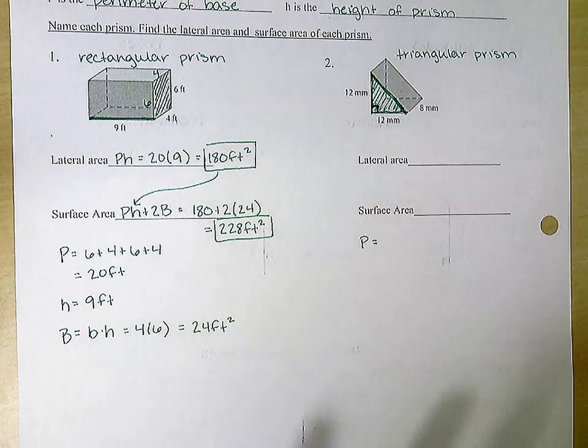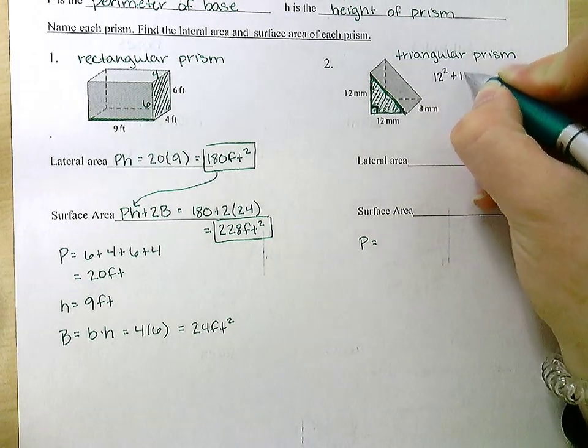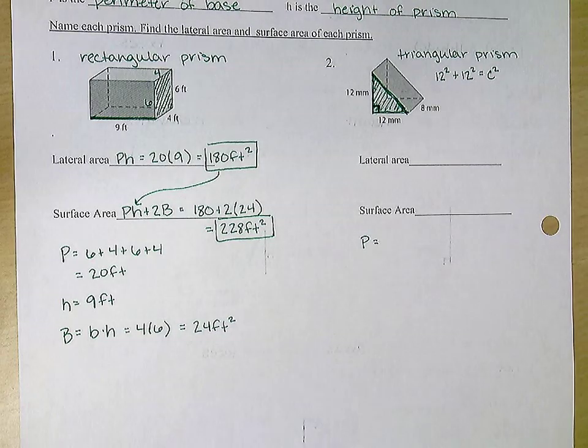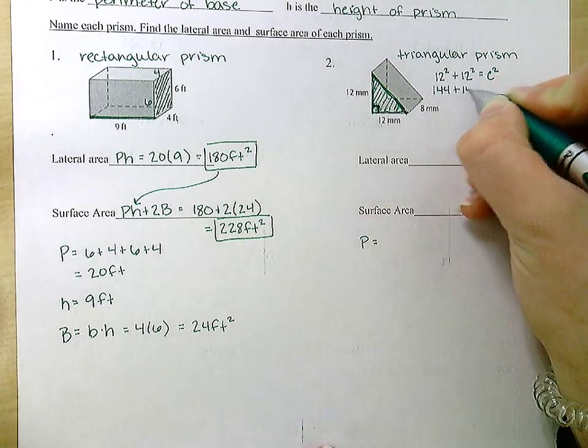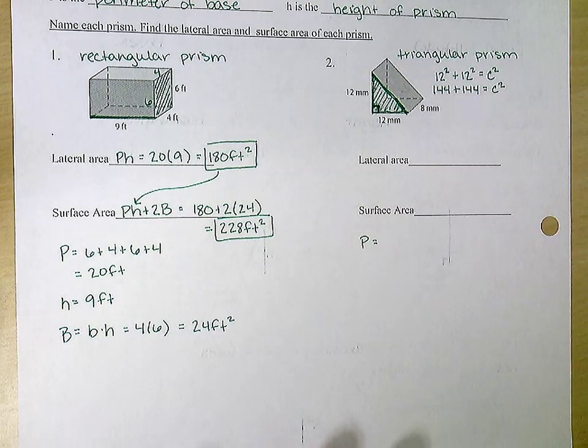You can use the Pythagorean theorem. So I would have 12 squared plus 12 squared is equal to c squared, since I'm trying to find the hypotenuse. That is 144 plus 144 equals c squared.